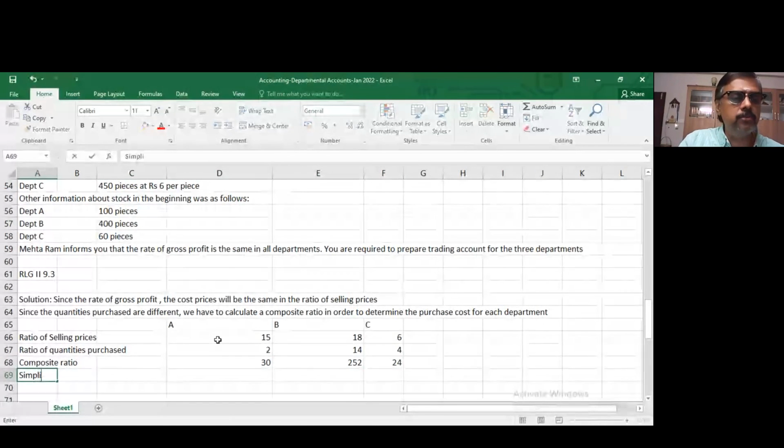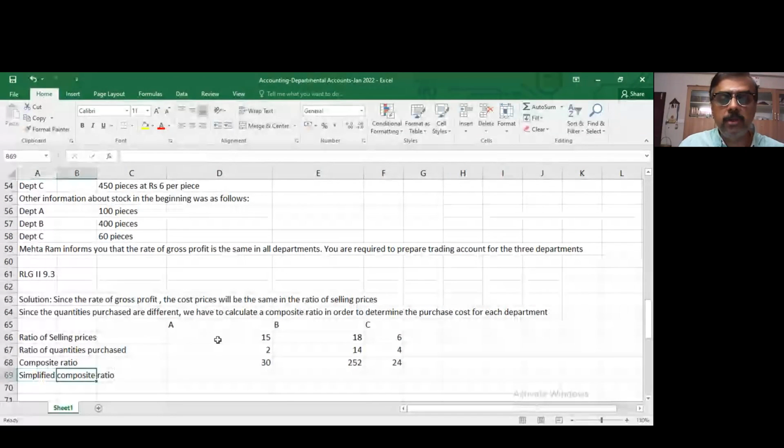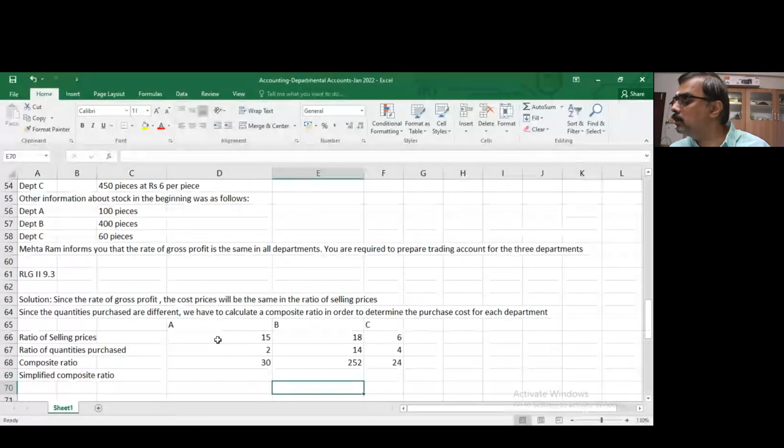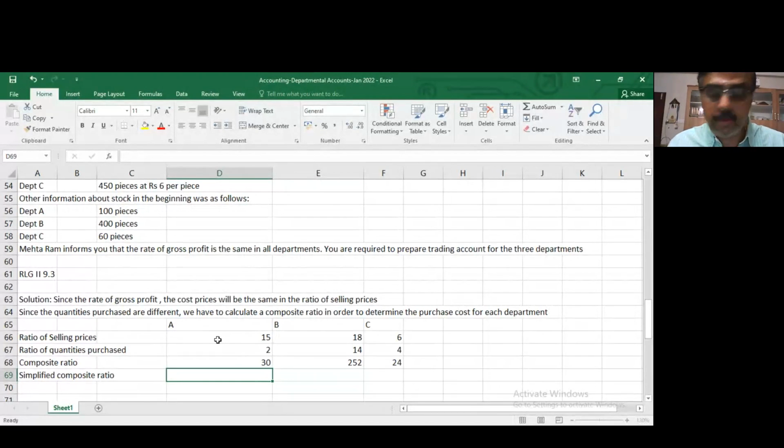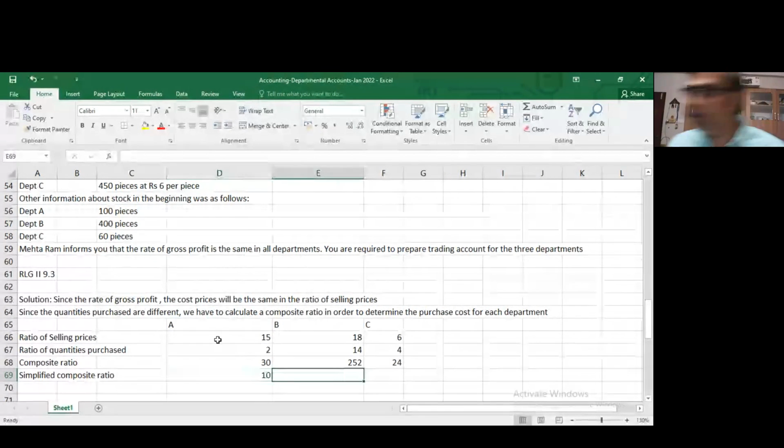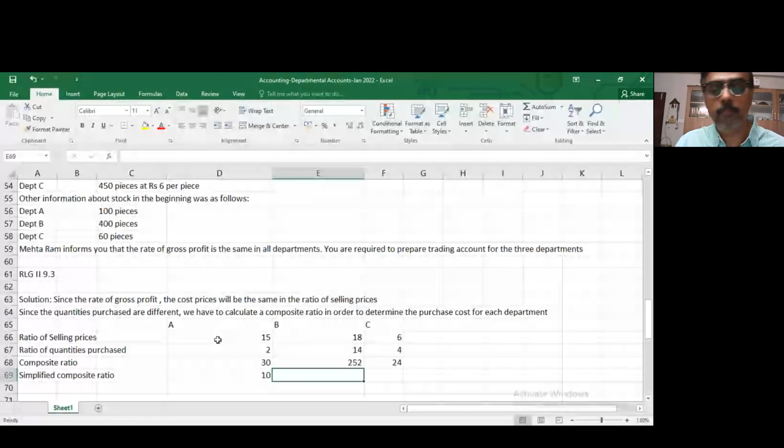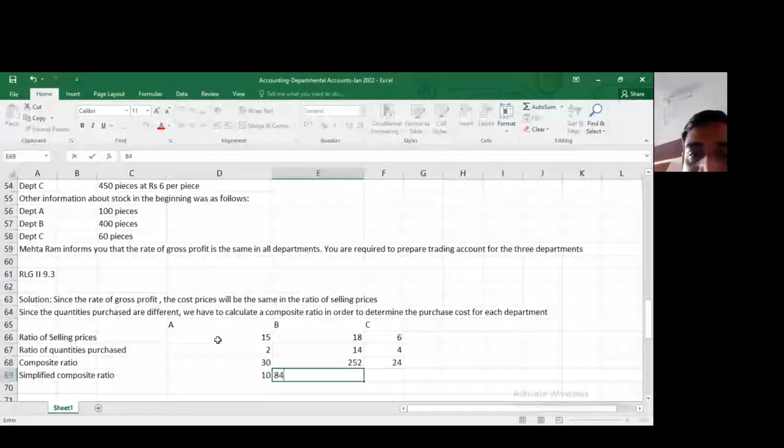You can simplify this. Simplified composite ratio. What is the common factor here? So 30, you can divide by 3, and I think it gets divided by 3. So you get 10 here. 252 divided by 3, what do you get? 84. 24 by 3, 8.